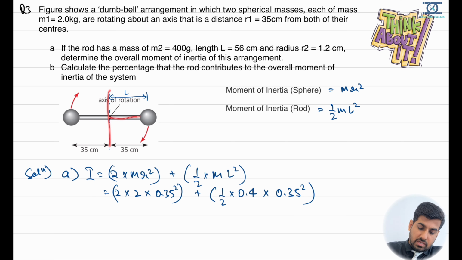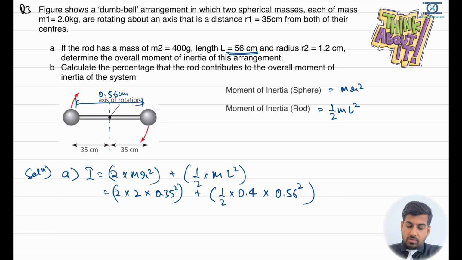The length is 0.56, so it will be 0.56 square. Now put the values in your calculator and solve.